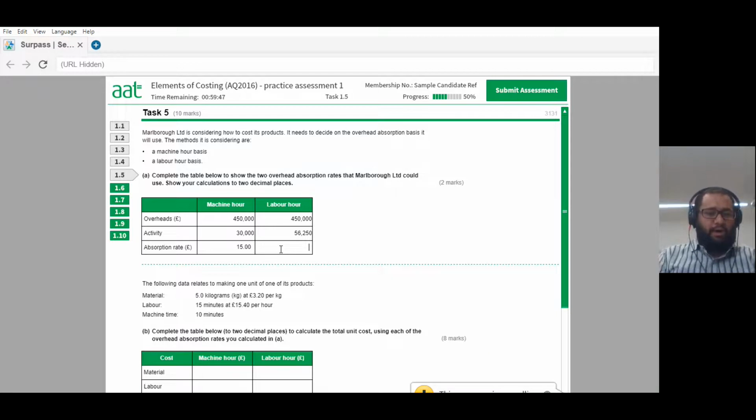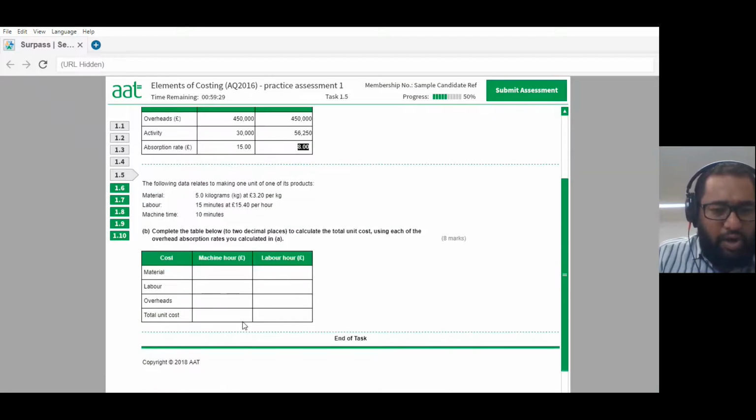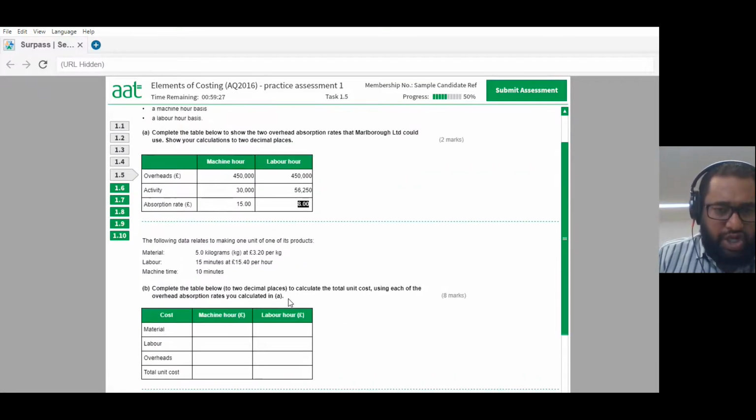And for the labor hour, I probably have to use my calculator here. 45,000 divided by 5,650, and that is going to give me 8 pounds per labor hour. So these two OARs will be applied when we calculate the total unit cost here.